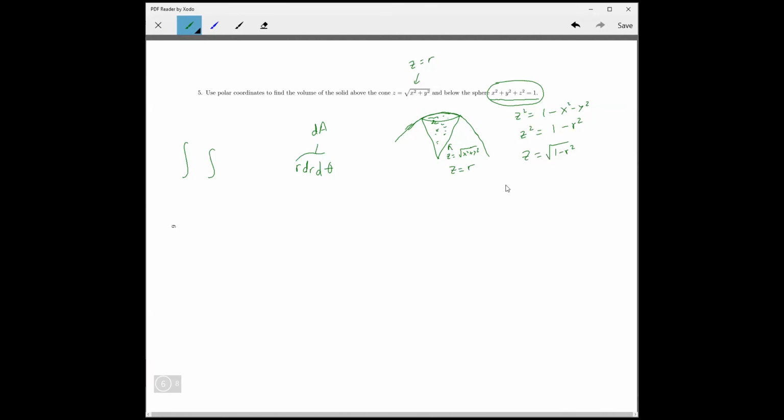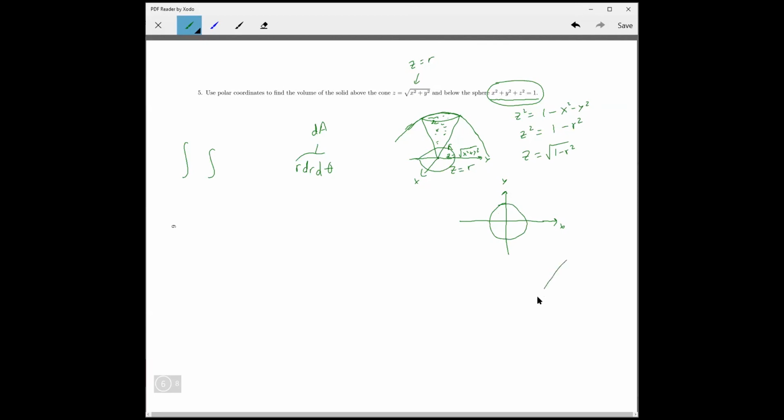Now what we need to do is project this back down on the XY plane. So here's X, this is Y, and then X comes out this way. What is the projection down here going to look like? That's going to be a circle.